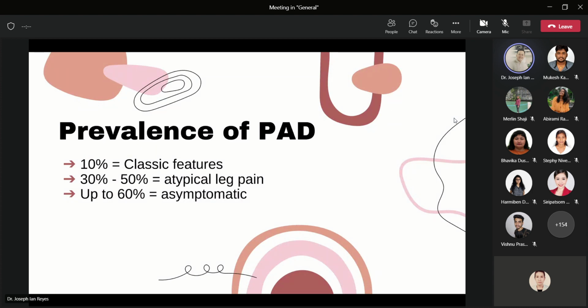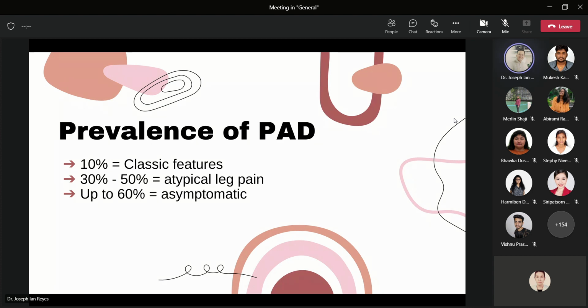Another 30% to 50% have atypical leg pain and up to 60% are asymptomatic. Asymptomatic patients can have significant functional impairment that limits or slows walking to avoid symptoms as PAD is progressing. So the patient will just adjust. Maybe they will not know that they have the symptom or they have the condition already.